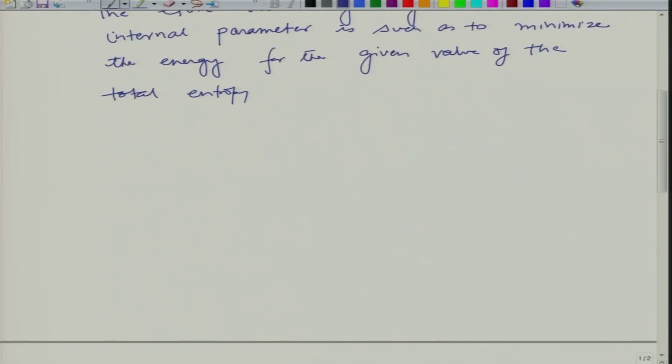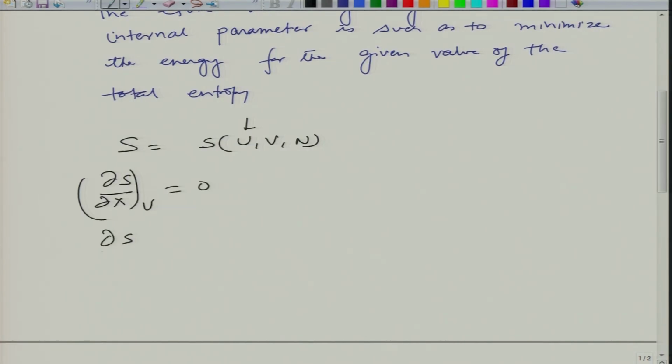In other words, for the first, S is a function of U, V, N. So, for a given U, the first derivative with respect to some dummy variable x at constant U should be 0, and the second derivative with respect to x should be less than 0, because S has to be maximum.